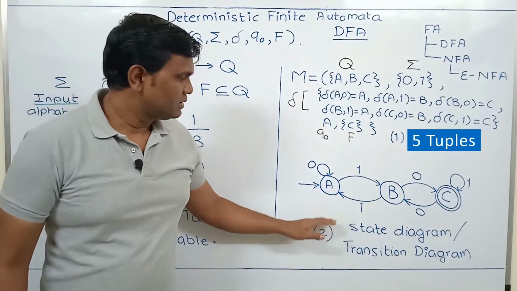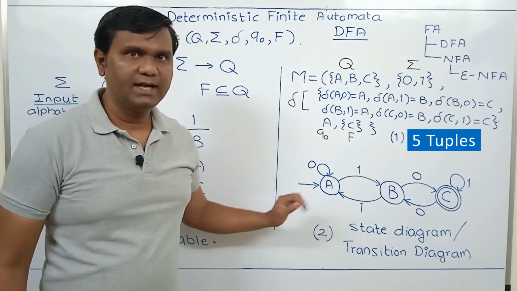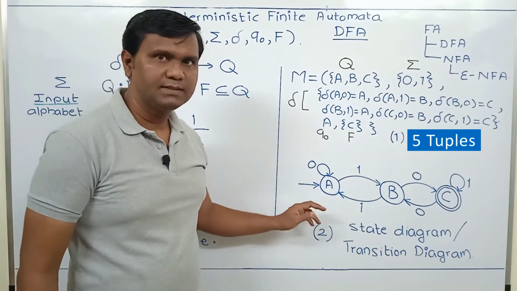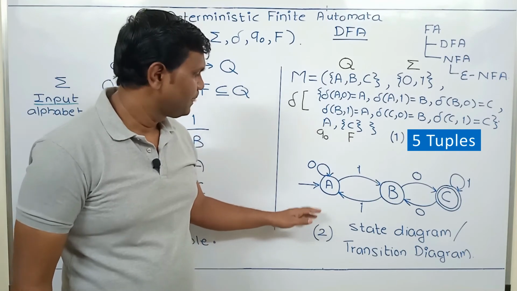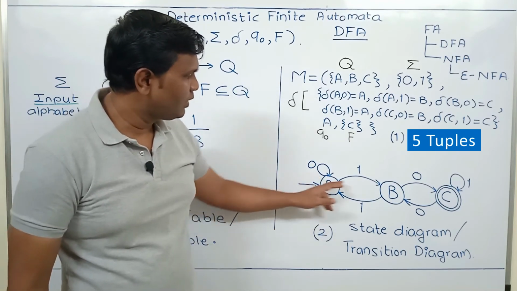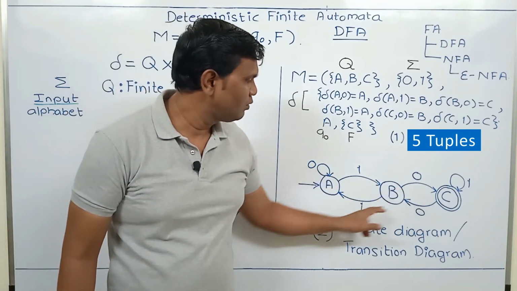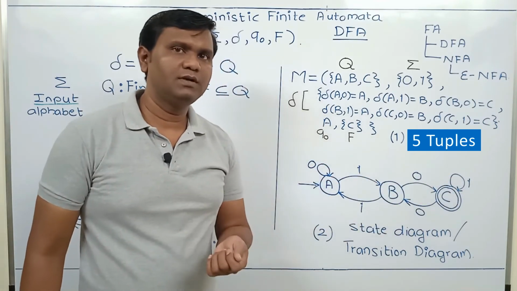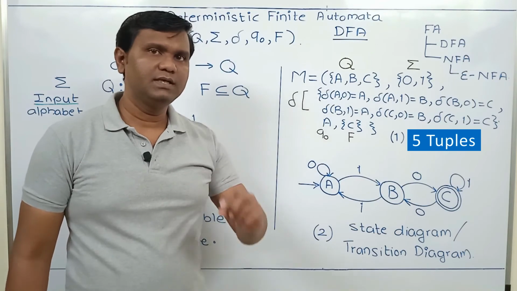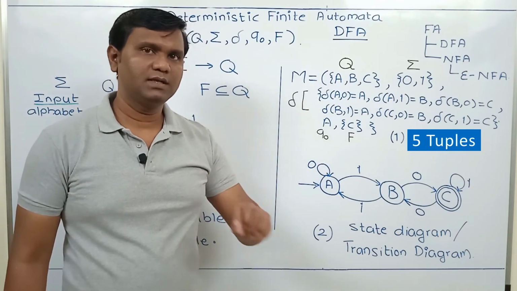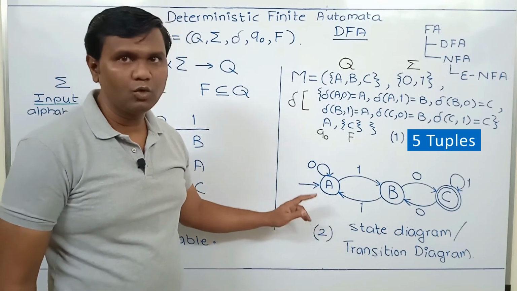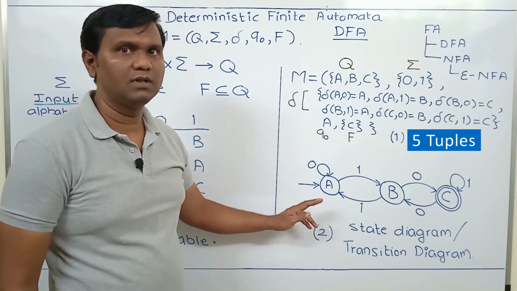So when we draw the transition diagram or state diagram, the first thing is we have to handle every symbol at each state. So here A handles 0 and 1, B handles 0 and 1, C handles 0 and 1. This is very important when you design a DFA. Each state should handle each input symbol. Also, there should be only one outgoing transition for each symbol.